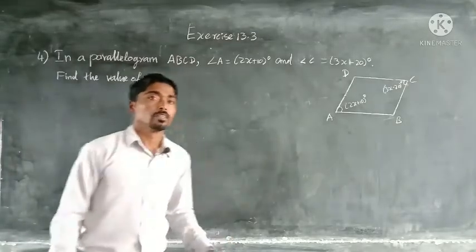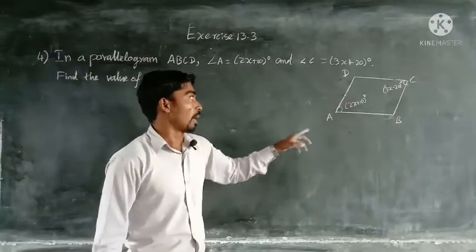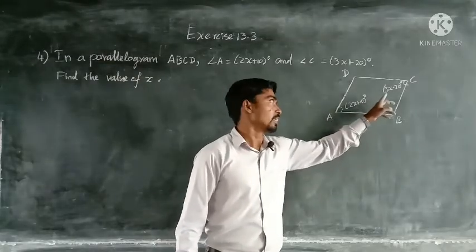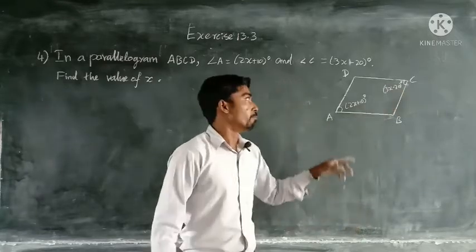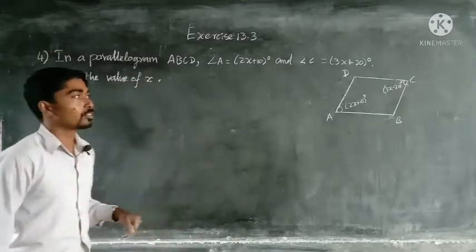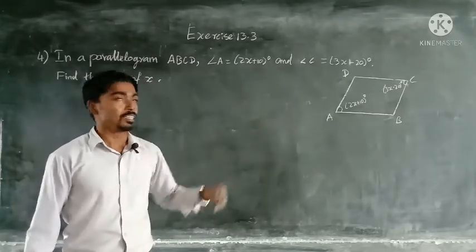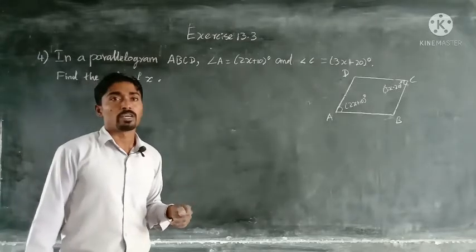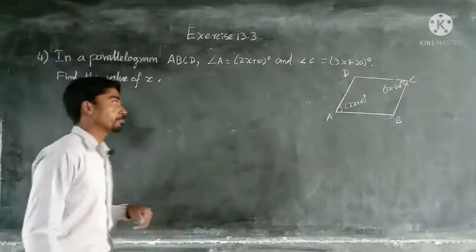Next question. In parallelogram ABCD, angle A is given, that is 2x plus 10 degree. Angle C is given, that is 3x minus 20 degree. By using these two angles, we are going to find the value of x. Since ABCD is a parallelogram, we know a property of a parallelogram, that is opposite angles of a parallelogram are equal in measure.